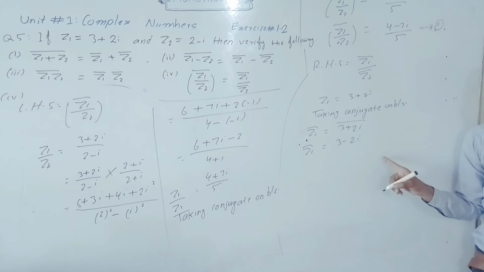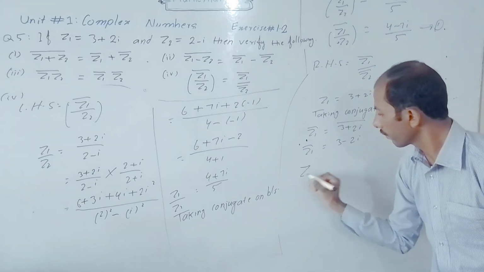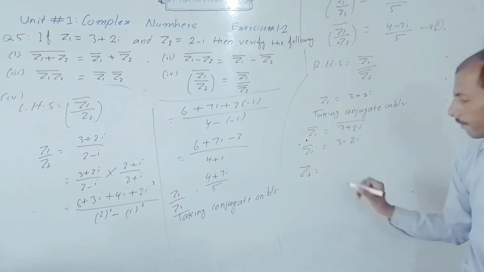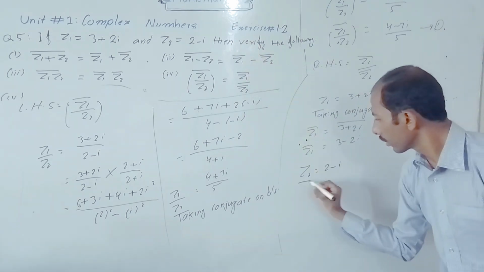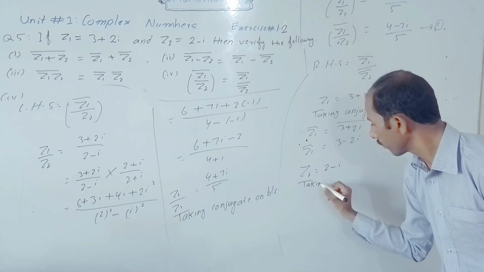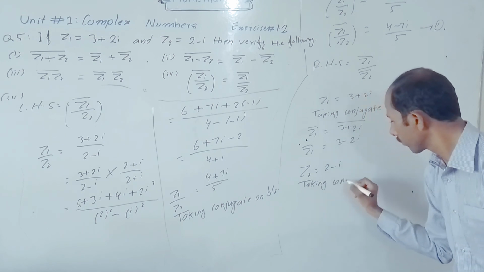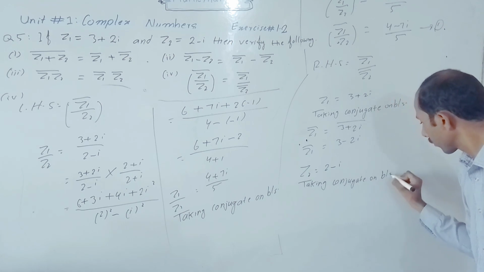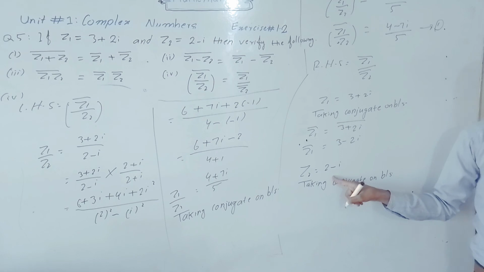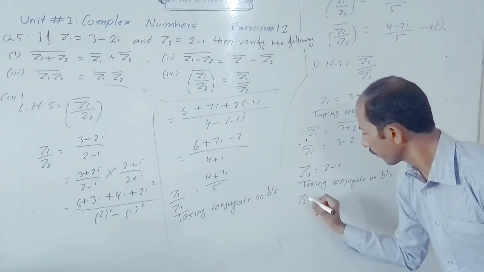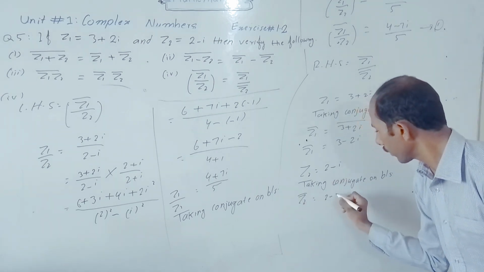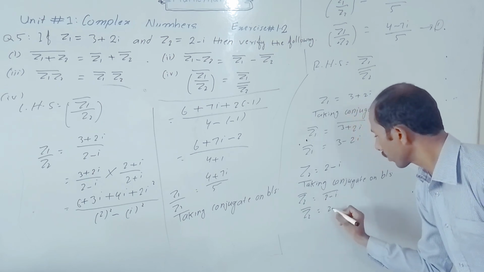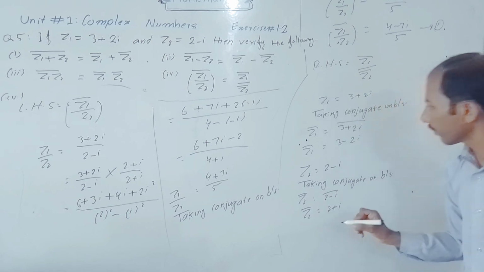Next, Z2 is equal to 2 minus i, taking conjugate on both sides. So Z2 conjugate is equal to (2 minus i) whole conjugate, which is equal to 2 plus i.